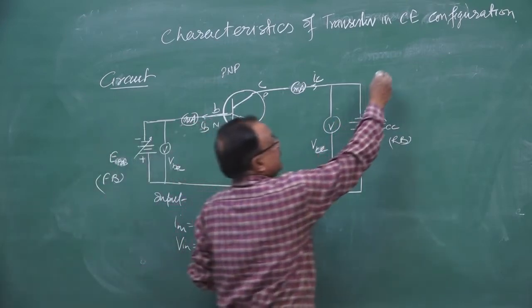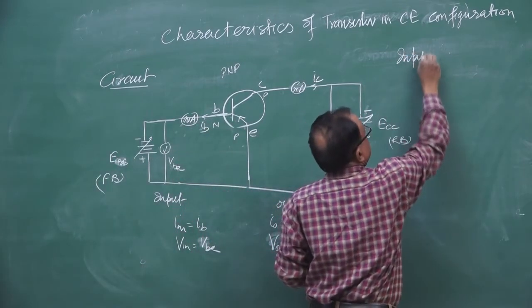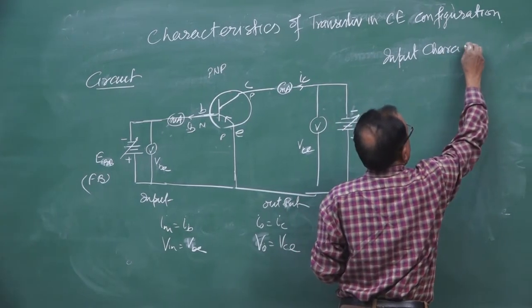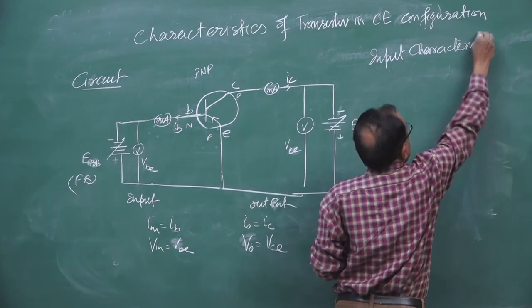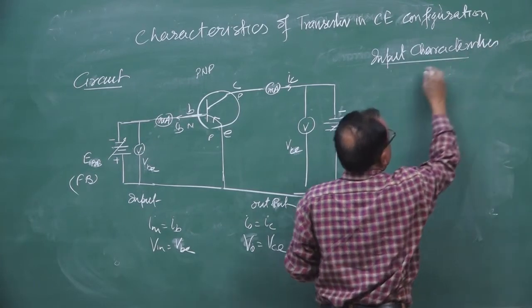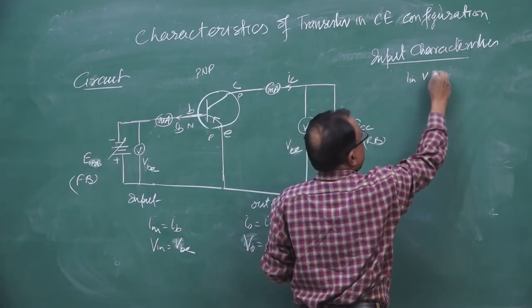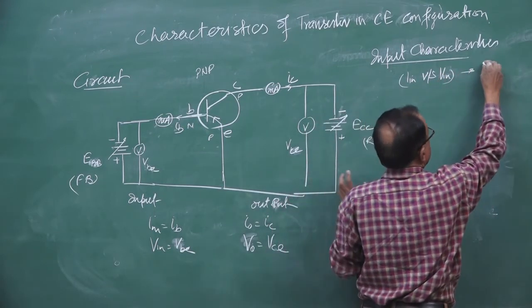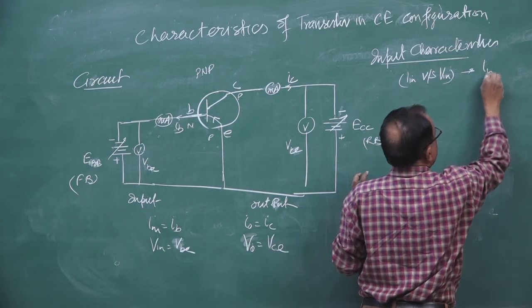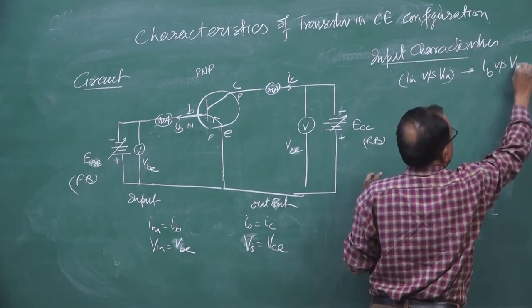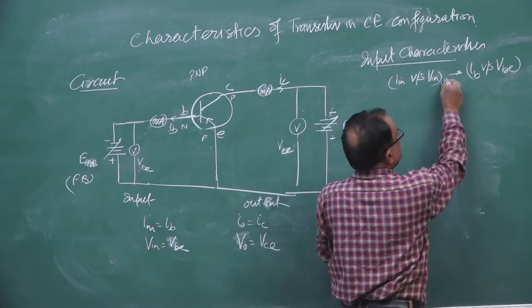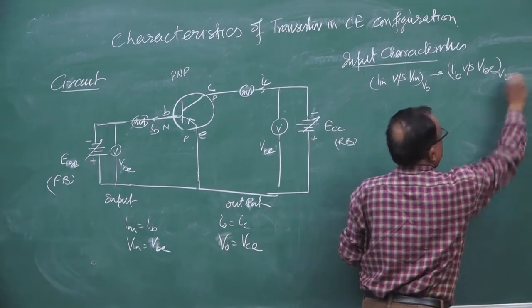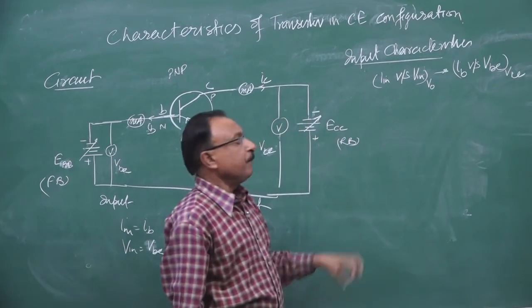First characteristic is the input characteristic. It is input current versus input voltage. In the case of the common emitter, it is base current versus base-emitter voltage at constant output voltage, at constant collector-emitter voltage.